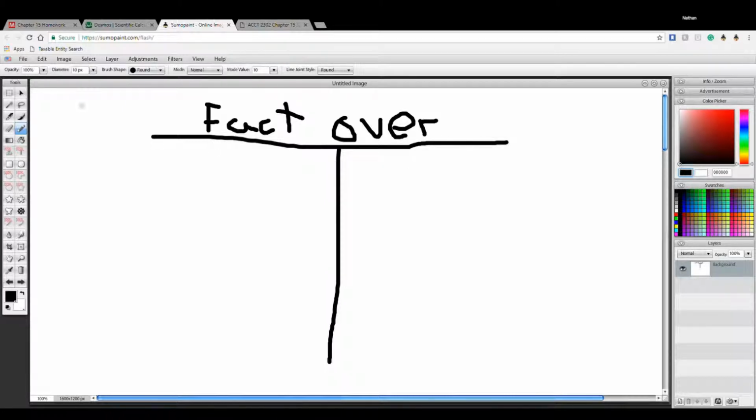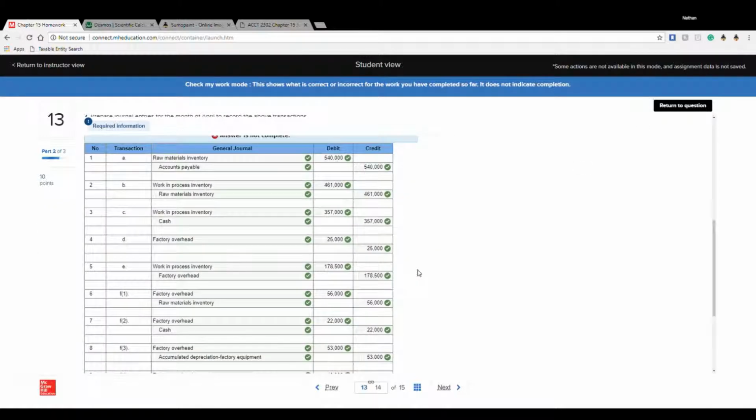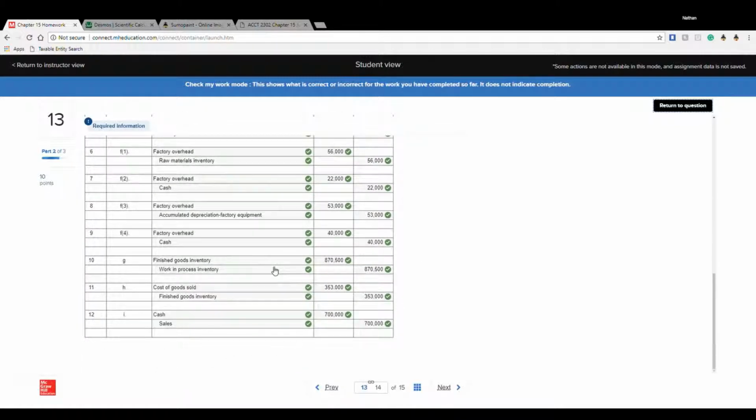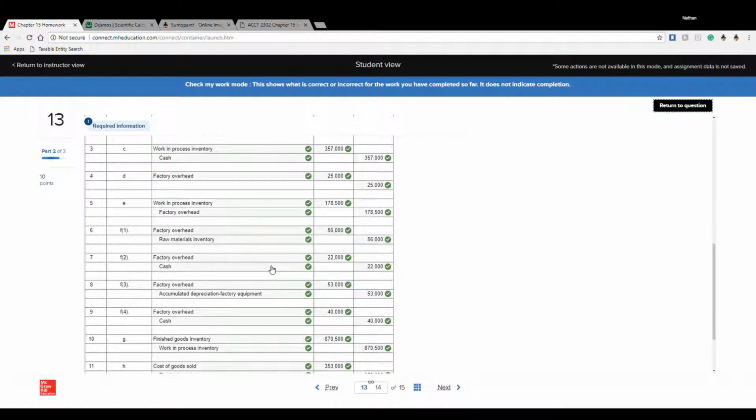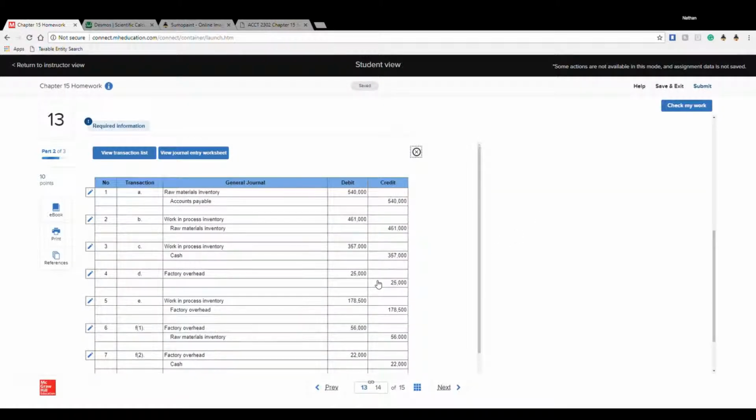So with this, we're going to take that factory overhead and you need to do check my work. I'll always tell you to do check my work. The reason is it'll let you know if you're already correct before we get to this step. And you can hit return. I like to see the general journal without all the check marks. It's just easier for me to see.